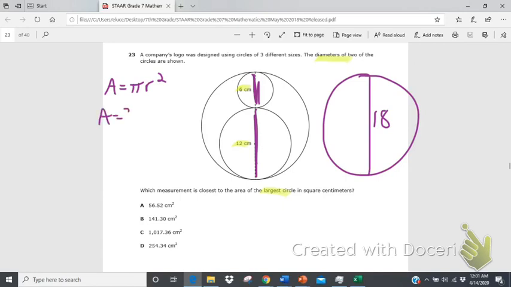So area is equal to 3.14 times 9 squared. And once you do that operation, ladies and gentlemen, you all will get letter D. And the thing is here, if you used 18 instead of 9, you would have got letter C, which would have been wrong. So just make sure you take your time, okay? Analyze the questions. Make sure you highlight and circle the keywords.